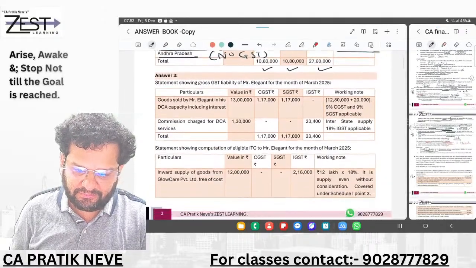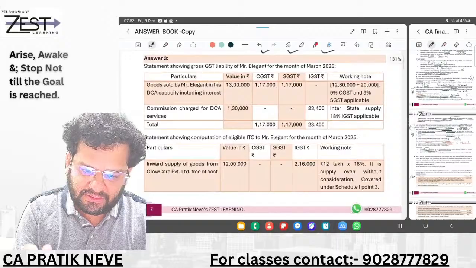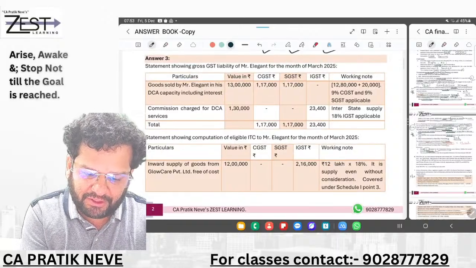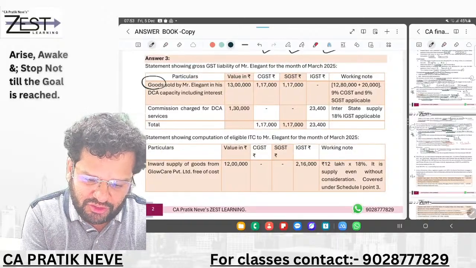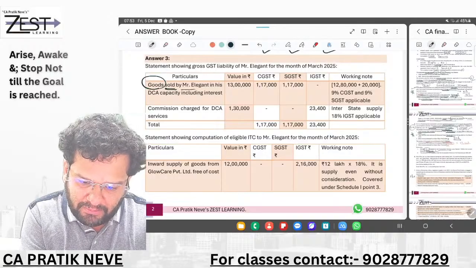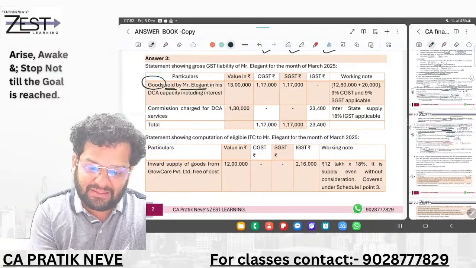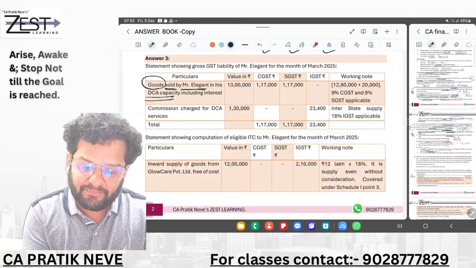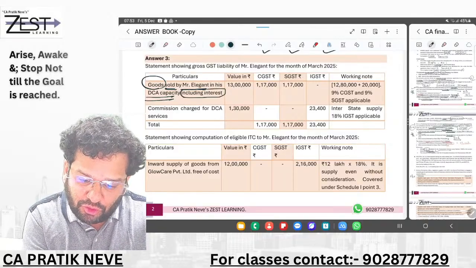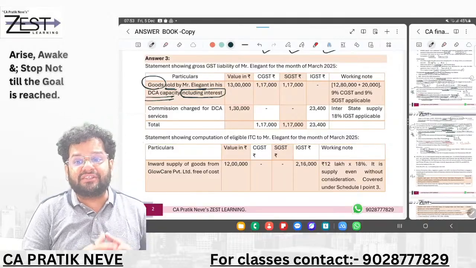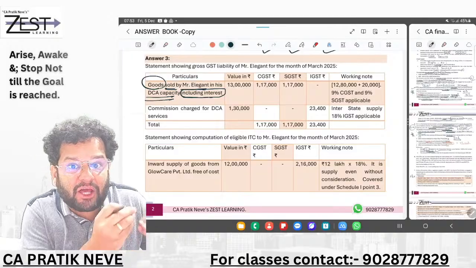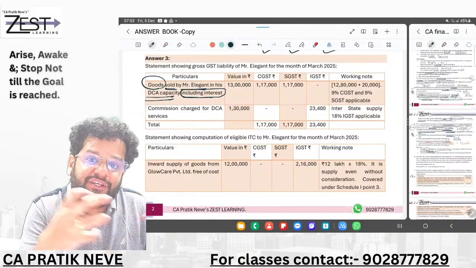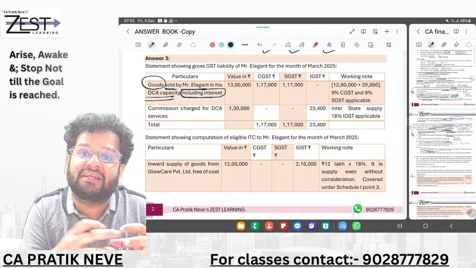So see, statement showing gross liability. First is goods sold by Mr. Elegant in his DCA capacity. As I discussed with you, including interest, because this supply of that loan is an integral part of selling the goods.